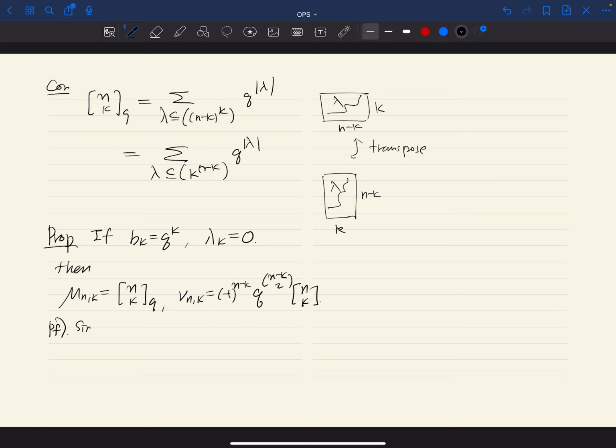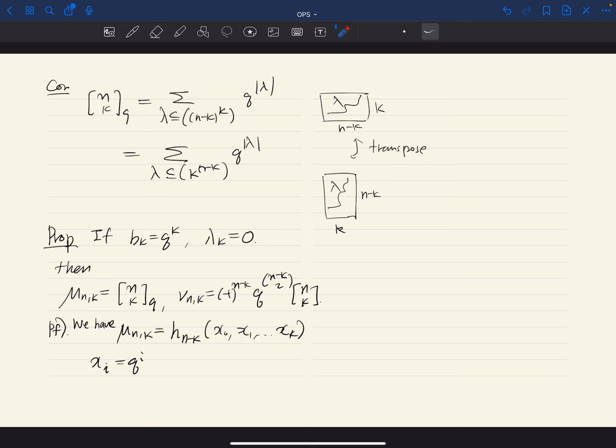So we have mu n,k equals h_{n-k} in x_0, x_1, ..., x_k, where x_i equals q to the i, because we consider the general case, but x_k is q to the k.